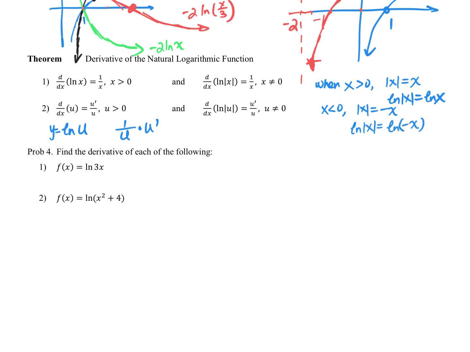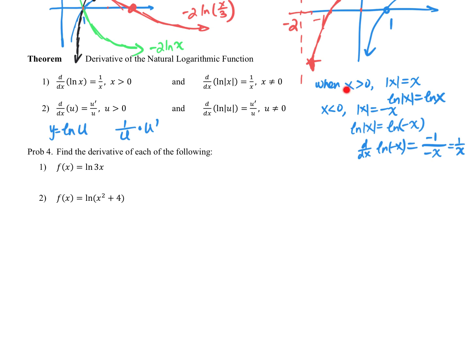According to the chain rule, it's going to be the derivative of the u, this is your u, the derivative of negative x, which is negative 1, over the u, which is negative x, which gives 1 over x.